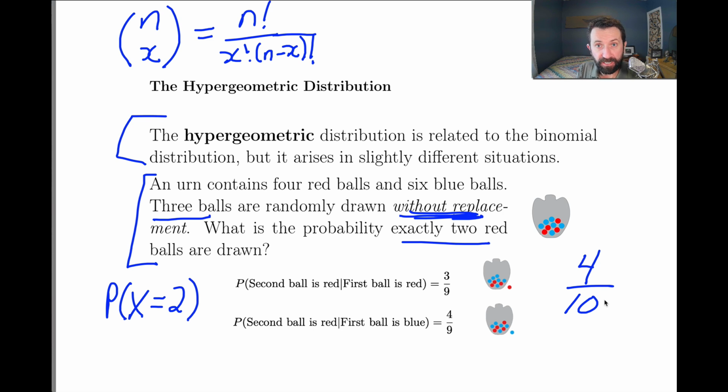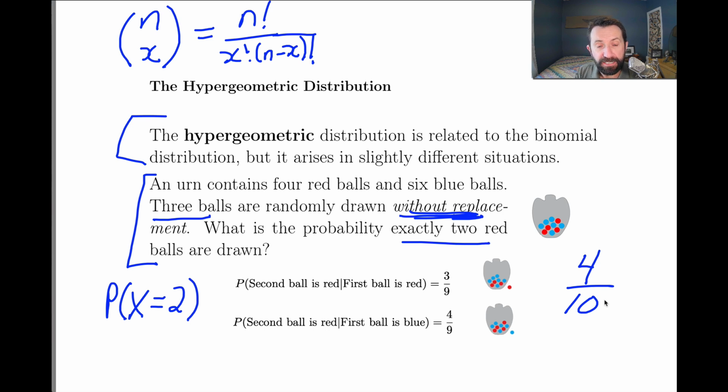The probability of getting a red ball on any of these draws from this urn is going to depend on what happened before. So we do not have independent draws from this urn. That means the binomial isn't going to work, because a fundamental aspect of the binomial distribution is that we have independent trials.